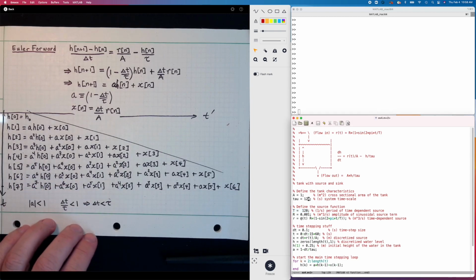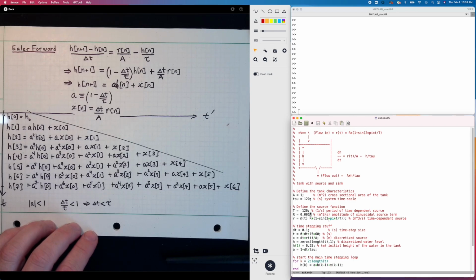So if we go through the code briefly, A is the cross-sectional area of the tank, which is just 1 square meter. Tau, the intrinsic time scale for the drain, is 2 minutes. I picked it for this particular example. And I also picked the period to be 2 minutes, 120 seconds. This is the amplitude of the sinusoidal forcing. It's 1,000th of a cubic meter per second.